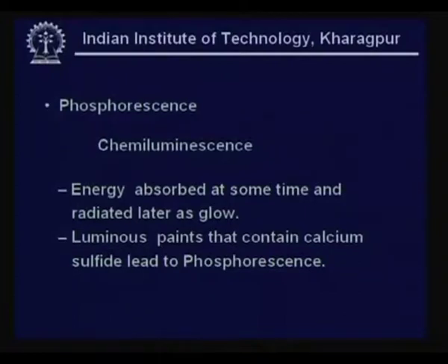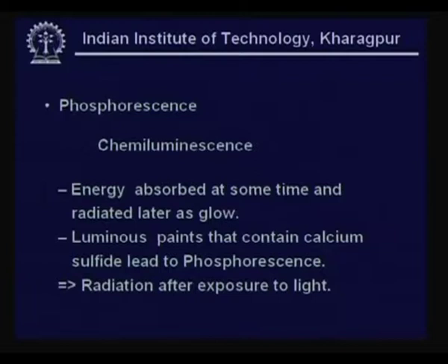One wonderful application is in the highway system, where we use these kind of materials, and these luminous paints are useful for this particular purpose. And the advantage is they radiate.